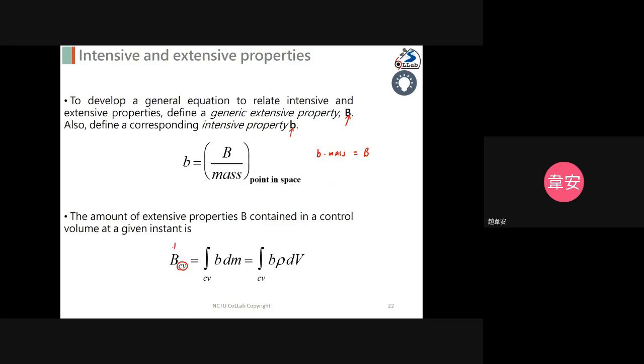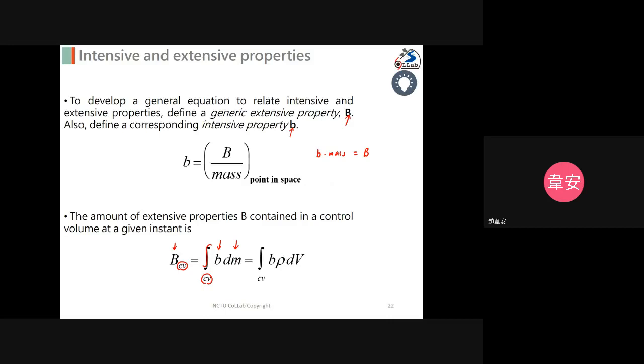The extensive property in the control volume is equal to the intensive property multiplied by the small mass differential, and we use the integration operator over the control volume space.